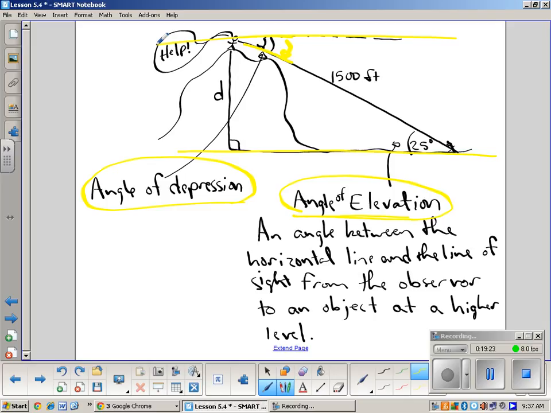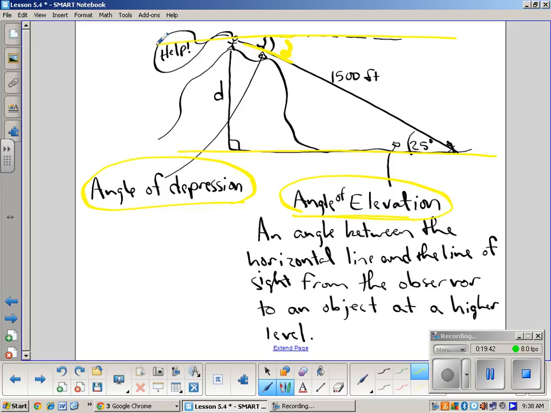Is this one of those where you have to take the heights and then add that? It could be something like that. If my eyes are 5 feet off the ground and my angle of elevation is 25 degrees, but I'm not doing that in this example.